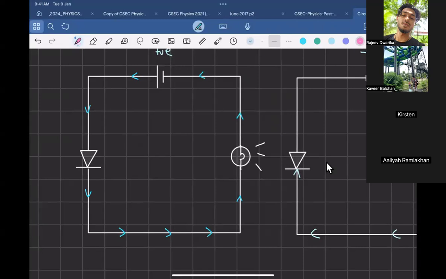Earlier, remember the criteria for a series circuit? Justin, you remember the criteria for a series circuit?